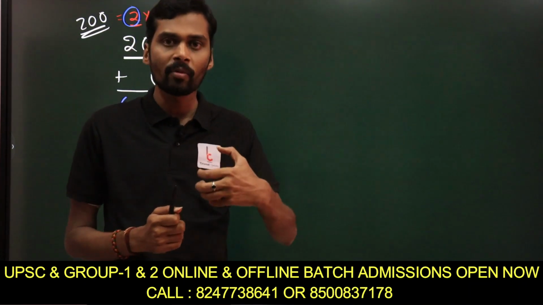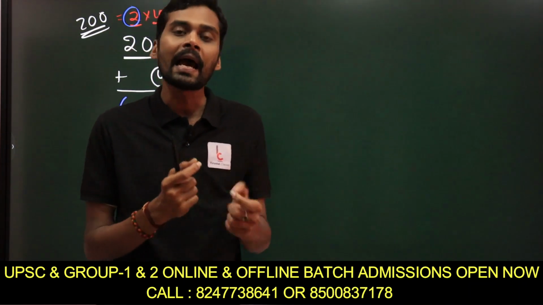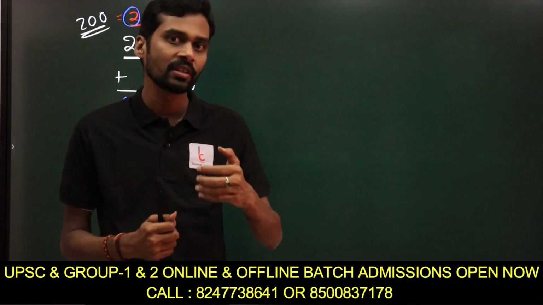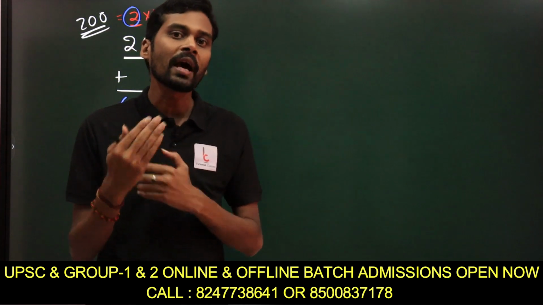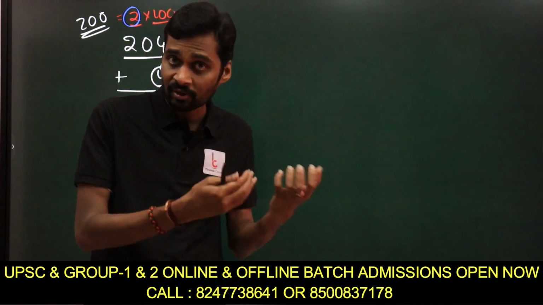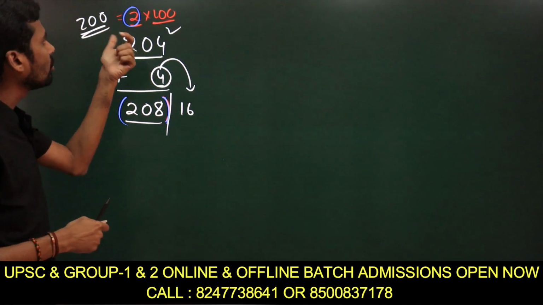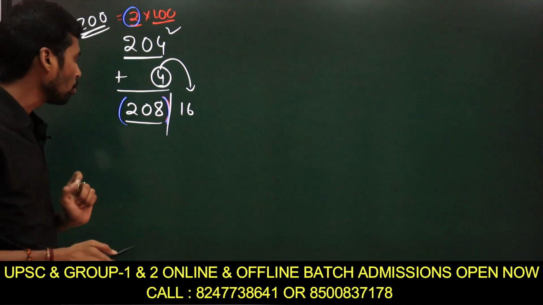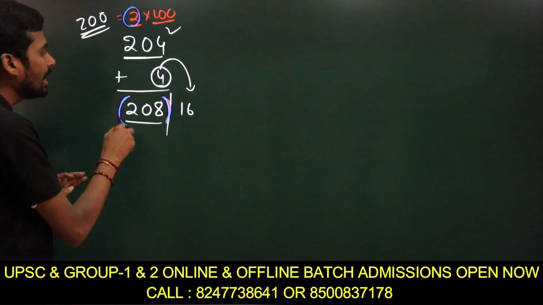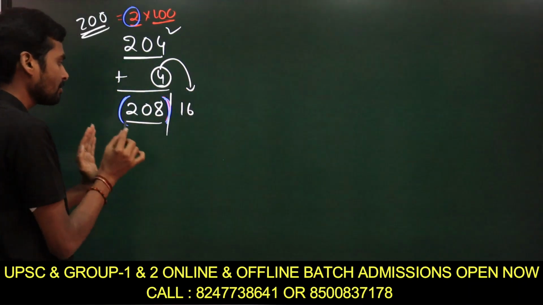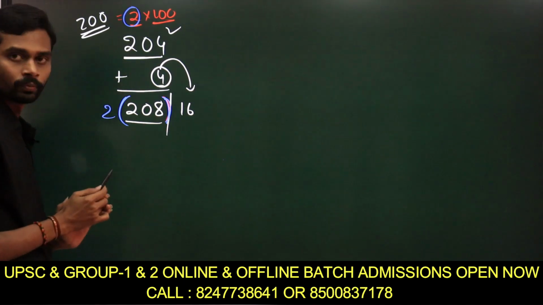If I take any number which is near 300, I have to multiply the left side part with 3. If it is near 500, I multiply the left side part with 5. Is it clear? Since I am taking the base value as 200, the sub base value is 2, and I have to multiply only the left side part. You don't need to do anything for the right side part, just multiply the left side part with 2.